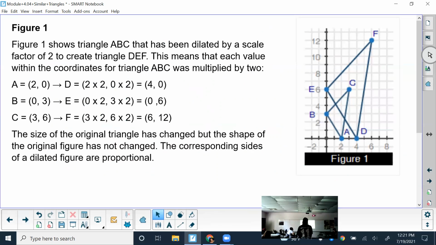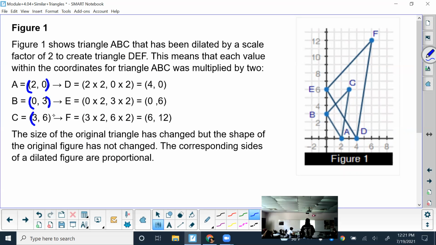This we've already talked about, so I'm just going to kind of run through it. Just stop me if you have any questions. We have figure 1 shows triangle ABC that has been dilated by a scale factor of 2 to create DEF. So DEF is 2 times as big as ABC. You could show that or prove it by taking each coordinate of the original triangle.